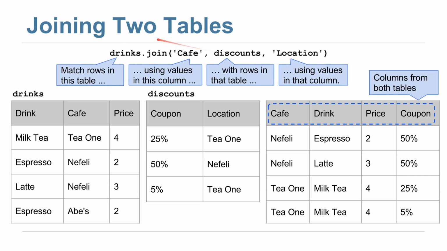They show up in the order that we chose here. So drinks come first, discounts come second. When we joined on a particular column, the cafe and the location, we don't need to duplicate that, so we just use the label from the drinks table because it came first. And then we have all the other columns from drinks, which is drink and price, and all of the other columns from discounts, which happens to just be a coupon.